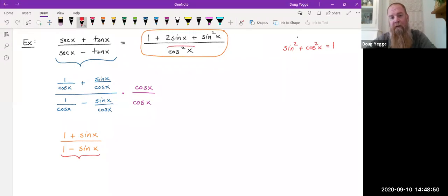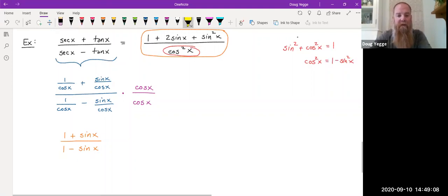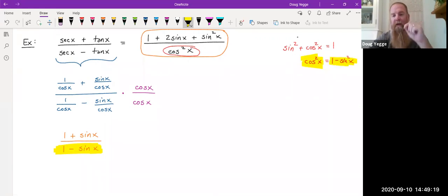So if I'm supposed to get cosine squared x, then that must mean that cosine squared x is the same thing as 1 minus sine squared x. So that hopefully gives us an indication of what we might do in this denominator. I need to somehow get 1 minus sine squared x to show up, because that will turn into cosine squared x, which is what we needed in our problem.